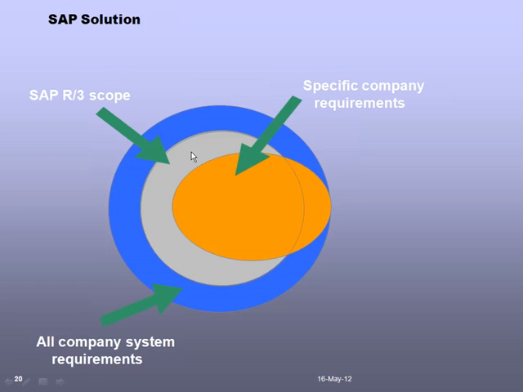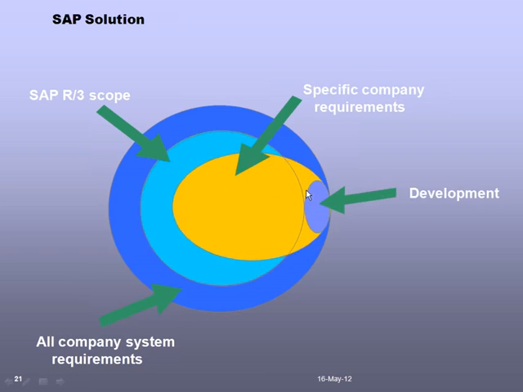Now you can see there is something in between these two circles. The one in between these two circles is what we call the gap. How do you minimize this gap? You can minimize it by simply writing your own piece of code, which is what we call development. Sometimes development may not be possible, or the customer may not want to replace a certain application which has been running for a number of years.